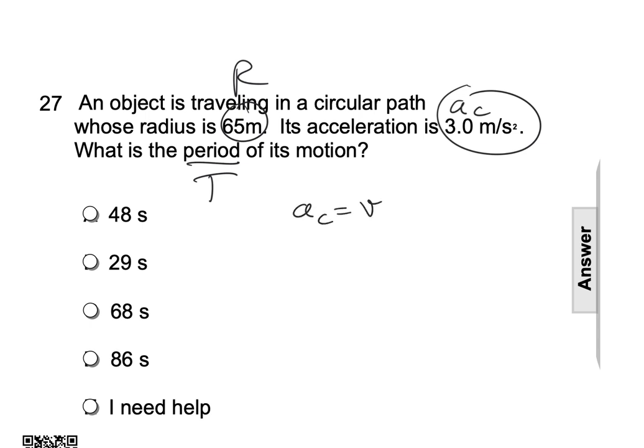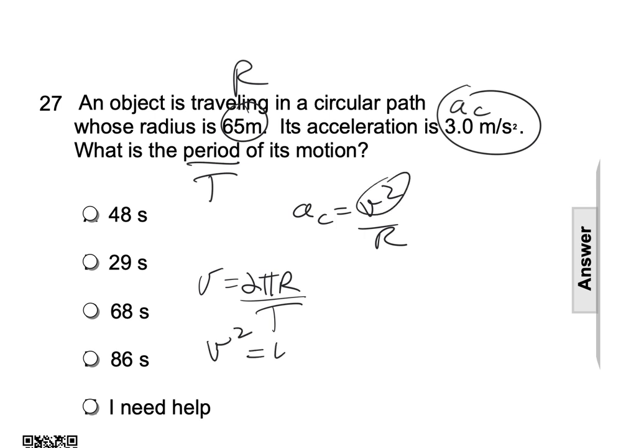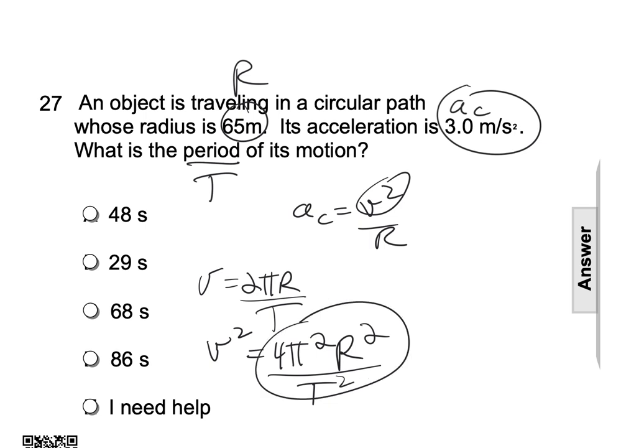So AC equals V squared over R. V is equal to 2 pi R over T. So V squared, because that's what I want, is equal to 4 pi squared R squared over T squared. So I'm going to substitute that in for this and rewrite it.